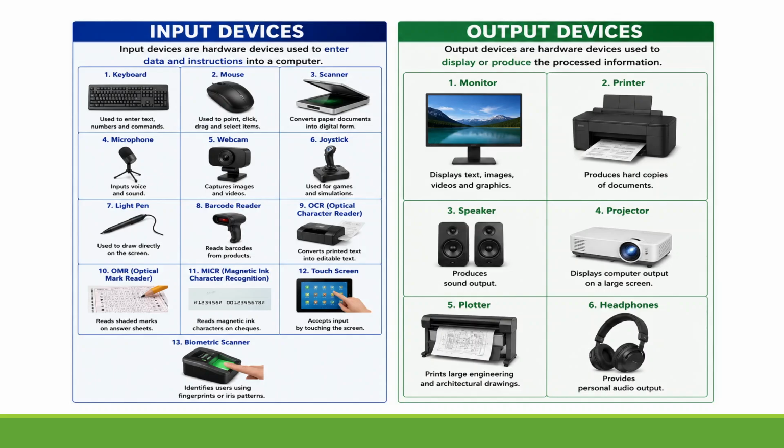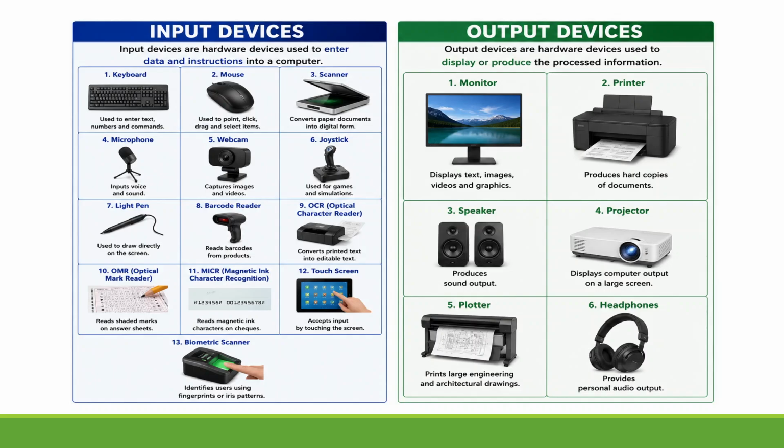For example, we have the keyboard, mouse, scanner, microphone, webcam, joystick, and many more input devices. Suppose you want to enter text or commands into the computer system, in that situation we can use a keyboard.